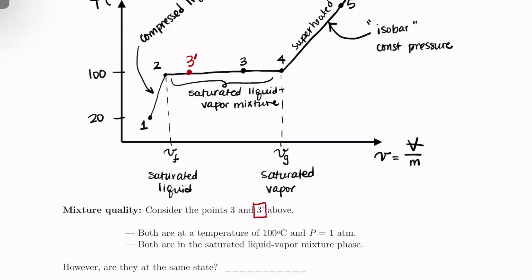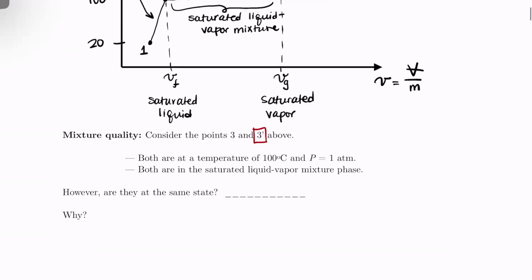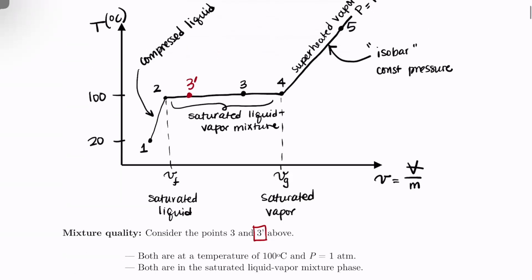So we'd like to distinguish between those two in some way. And so what we do is we use the mixture quality. So my question to you is, are these at the same state? Is our substance at 3 prime and 3 the same state? Any ideas? I see a nodding yes.